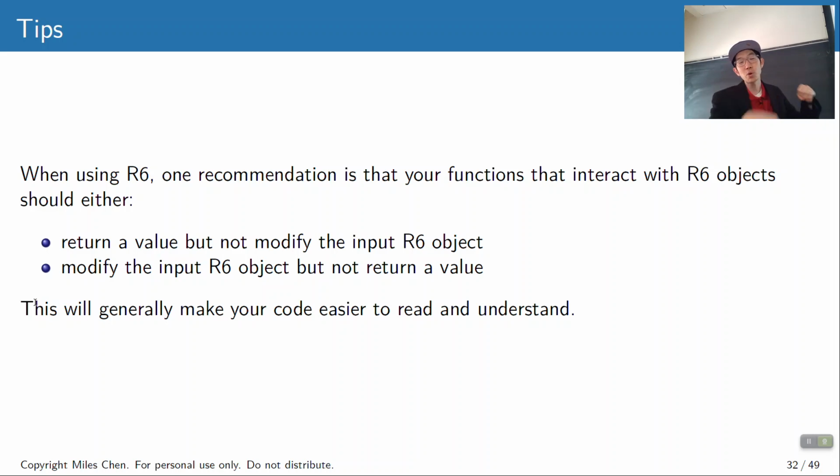Or the function modifies the objects going in, but it doesn't return a value. If you make sure that your functions only do one, but not both of those things, that will help you read your code and understand it, and not get confused later. When you start doing both of these things at the same time, that's when it gets a lot harder to read.